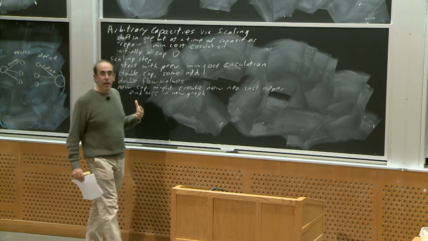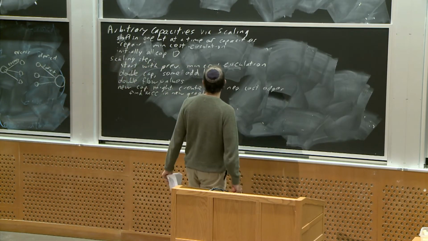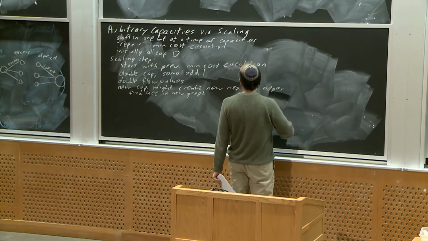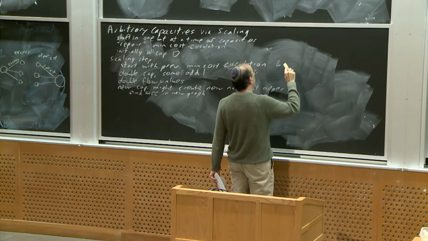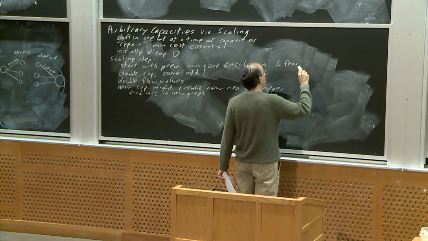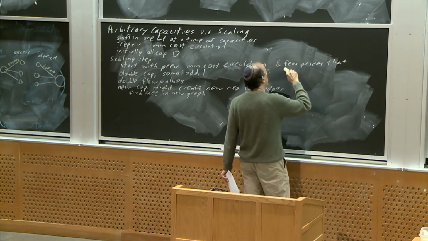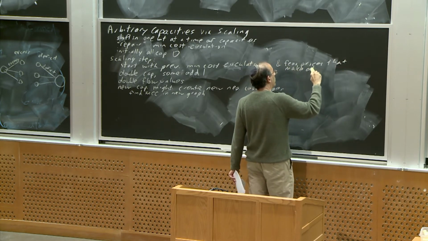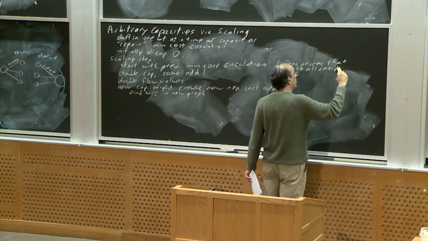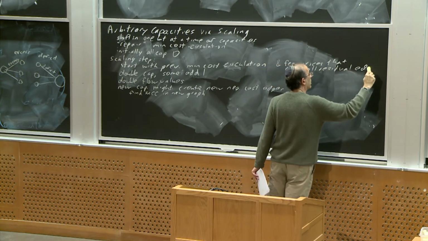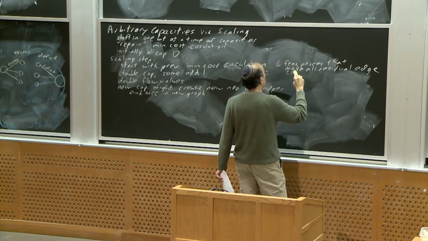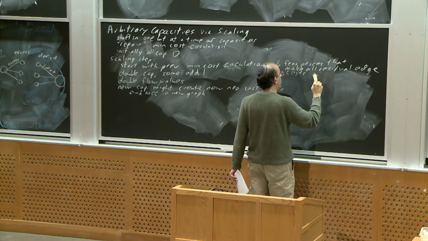Well, let's take advantage of what we have. Let's assume that with this previous min-cost circulation, we also have a feasible price function on it that makes all of the residual costs non-negative.